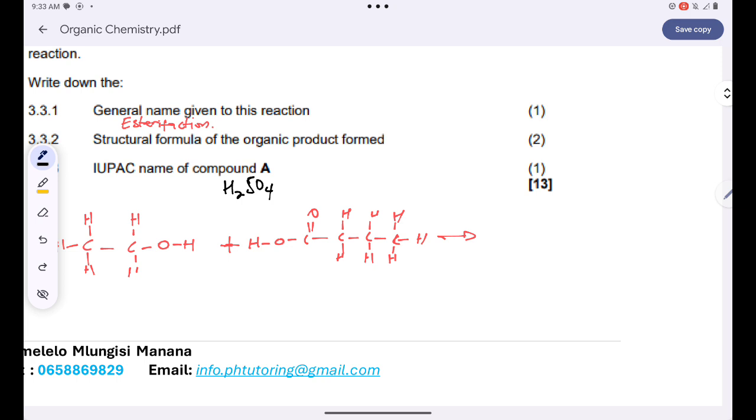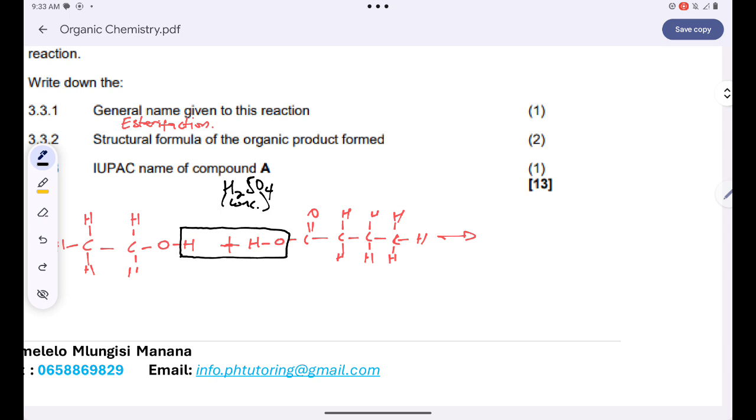If you want to, you can also use phosphoric acid, but please note that it has to be concentrated, because it acts as a dehydrating agent. The alcohol will donate a proton, and the carboxylic acid will donate a hydroxide ion.